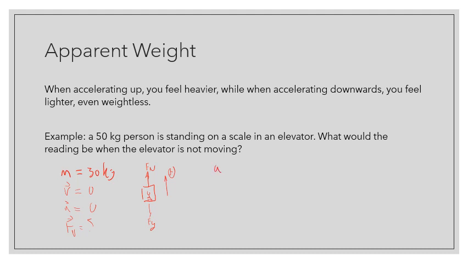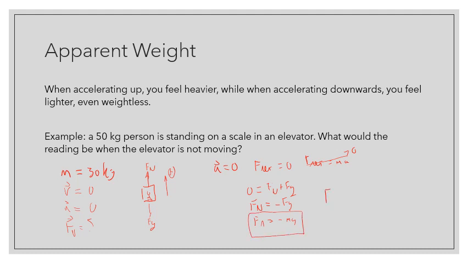So since acceleration is equal to 0, the F net is equal to 0 because F net is equal to ma with a equal to 0. All this turns to 0. So 0 is equal to Fn plus Fg. That force is equal to the sum of the forces, right? So that means Fn is equal to negative Fg. So Fn is equal to negative mg.